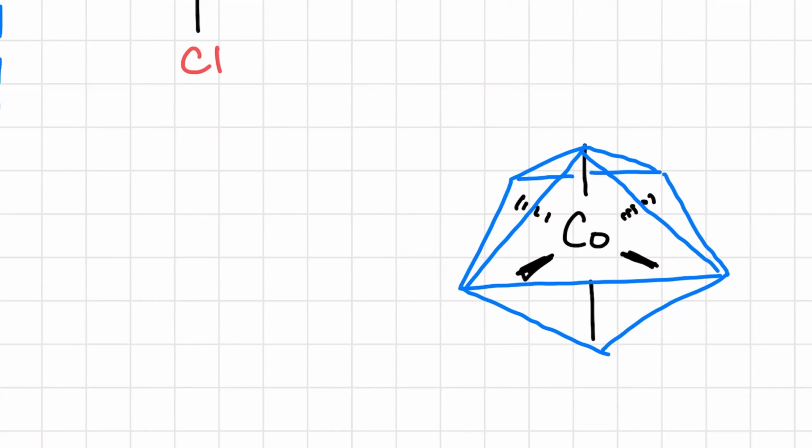There was something I wanted to say. Oh yeah, this is how you can determine fac. Remember how I was talking about a face of an octahedron? This is probably much easier to see. Mer is where you form a T. So it's like, do you remember what we were just talking about?